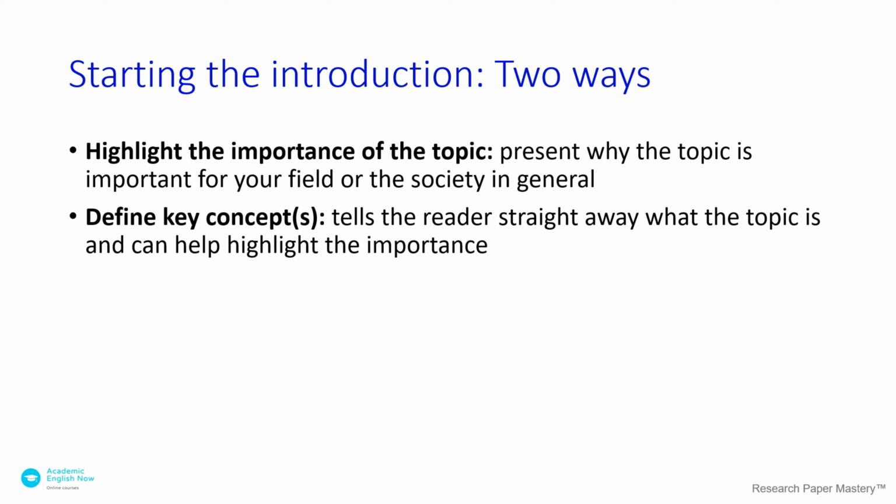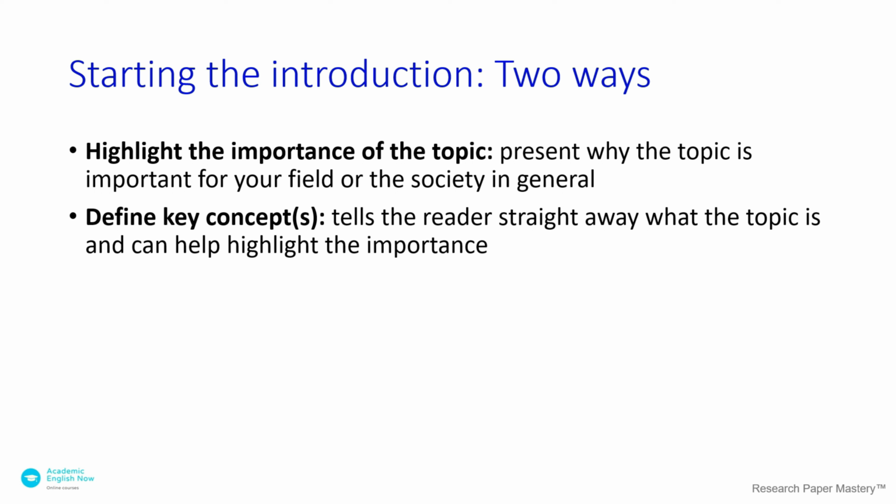So you could start the paper by saying, Alzheimer's disease is a neurodegenerative disease which every year contributes to X number of deaths, right? So with this sentence, you're killing 2 birds with 1 stone. You're providing a definition, but at the same time, within that definition, you're already telling us about the importance of the topic, right? So these are basically 2 ways in which you can start your introduction, right?